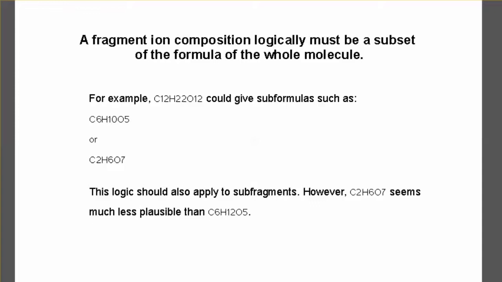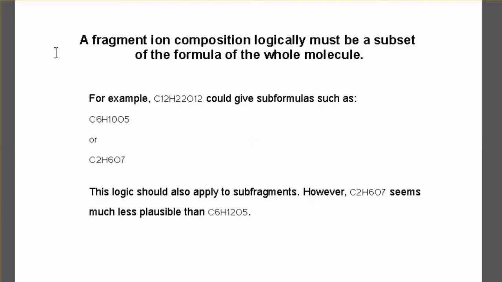Now I'd like to briefly mention how the Plaus values were calculated. The idea behind this is that when you have a formula such as sucrose here, C12H22O12, if you're working on a fragment or subfragment of that formula, there are more possibilities than are actually possible.